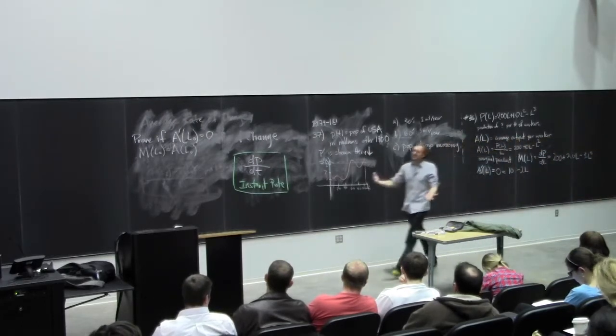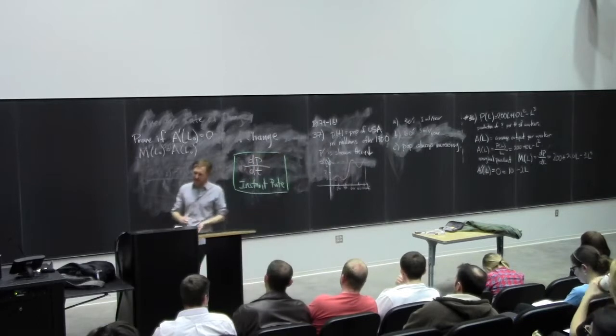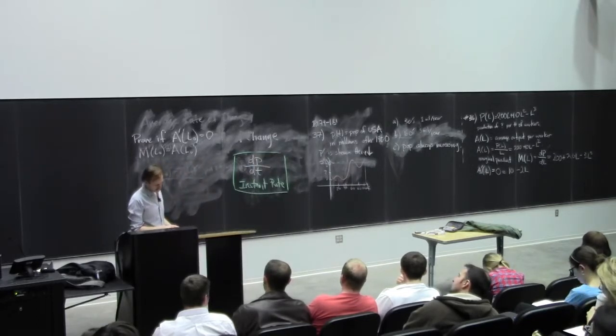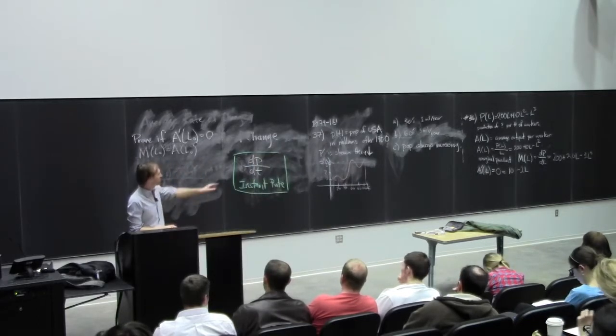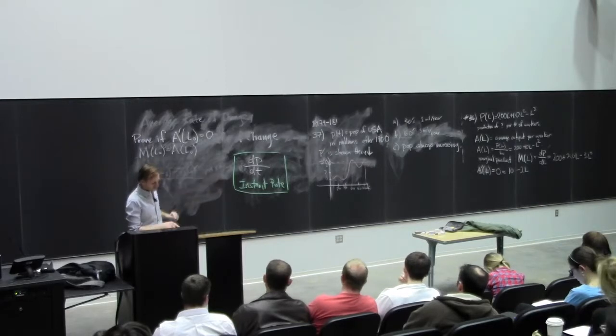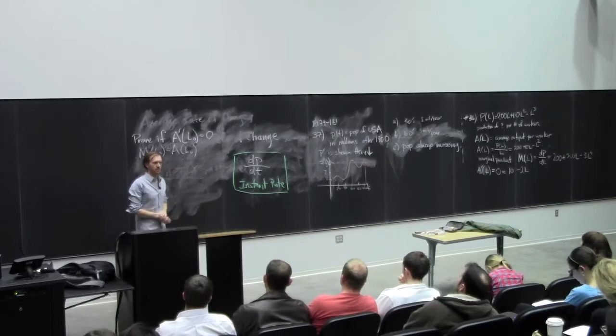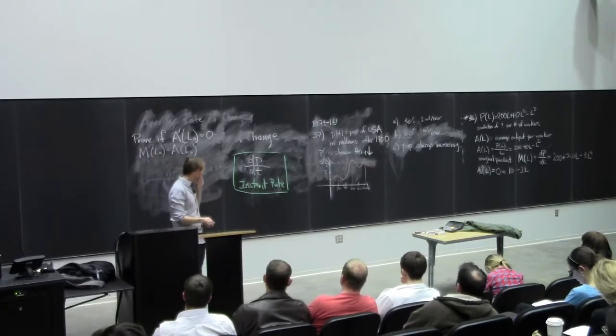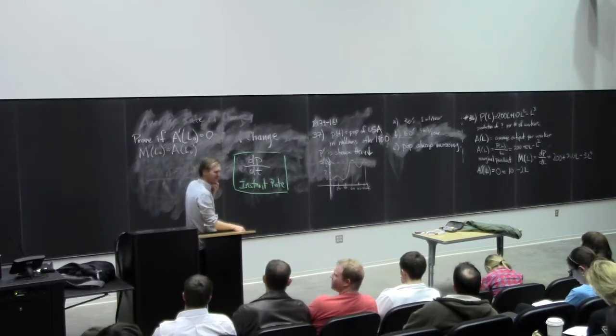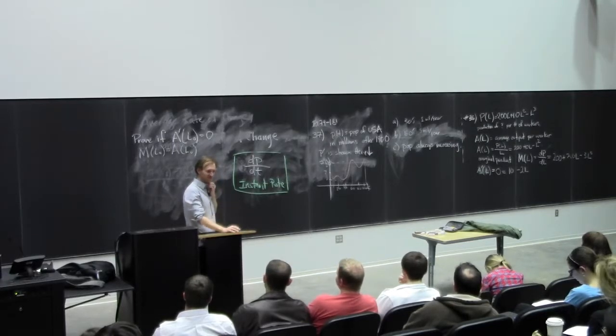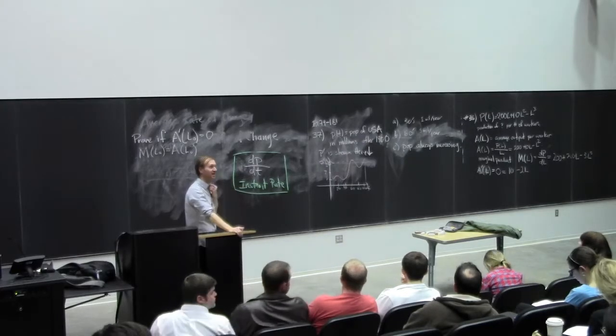And now the textbook says, but if A prime of L equals 0, then this happens. And so I'm like, really? That happens? Is it okay? What were you going to say? Well, I don't know.